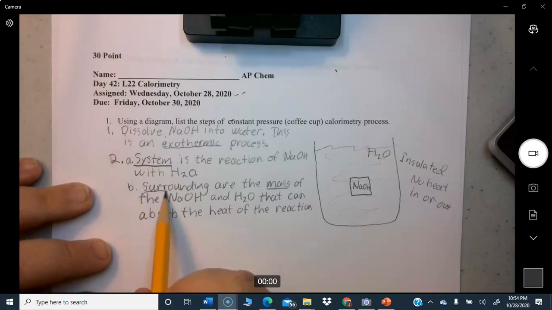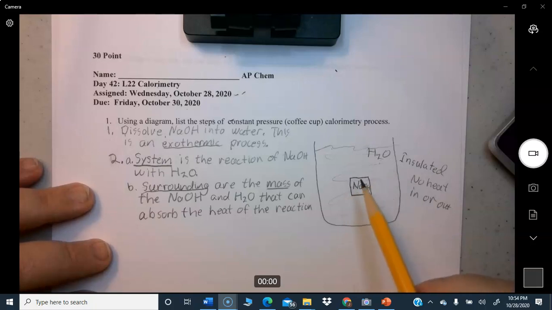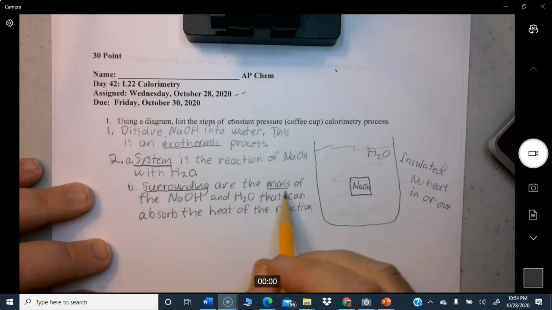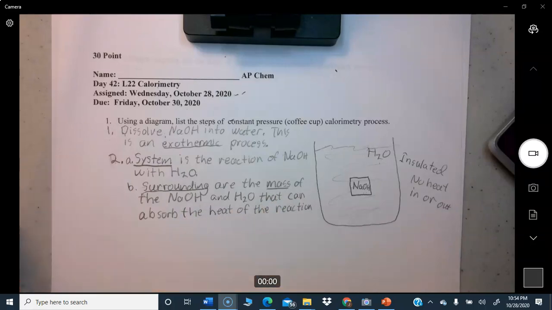And that is going to be the mass, mostly of the water. Almost entirely the water is going to do that. But you do have the mass of the NaOH, which is really Na ions plus OH ions. They can actually absorb some heat as well. So that's part of the surroundings. So the mass of the water and the mass of the Na and OH ions are what constitute the surroundings.